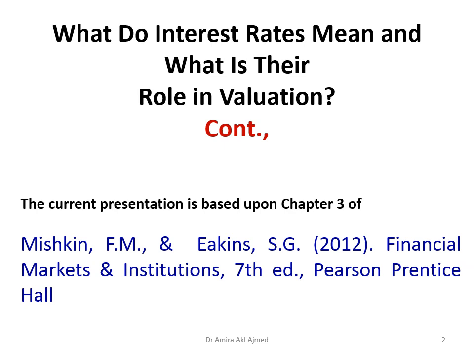In other words, yield to maturity is the discount rate that sets the present value of the promised debt instrument payments equal to its current market price. The yield to maturity is the return an investor will earn from holding the debt instrument to its maturity date.